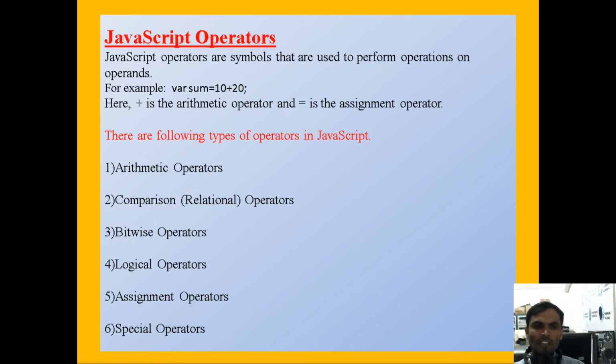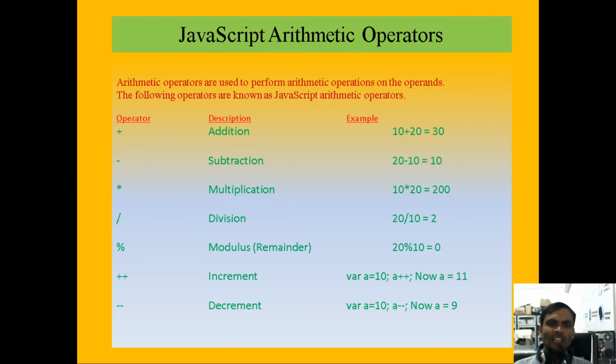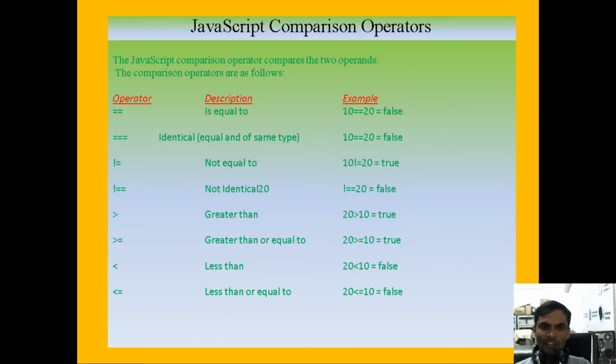Under the arithmetical operators, we have addition, subtraction, multiplication, division, and modulus. Under the modulus operator, the remainder value is the result. Increment and decrement will also come under the arithmetical operators.